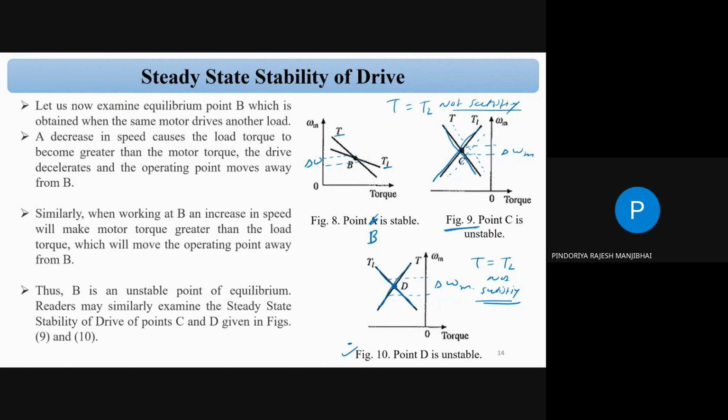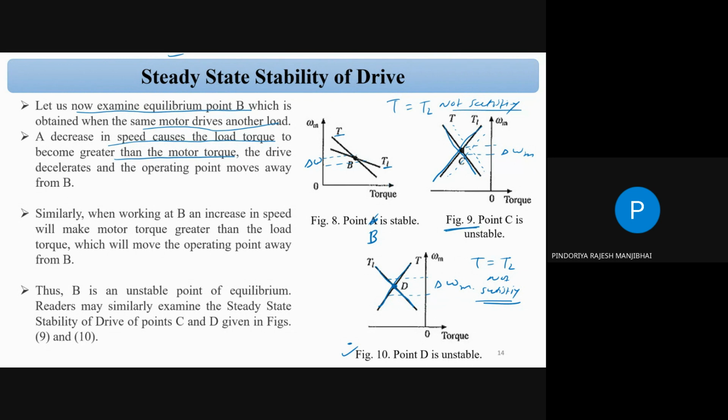Now let's examine the equilibrium point B, that is figure number 8, which is obtained when the same motor drives another load. A decrease in the speed causes the load torque to become greater than the motor torque. So we have to give a variation in delta omega, that is the speed, and then check whether T equal to TL is satisfied or not.